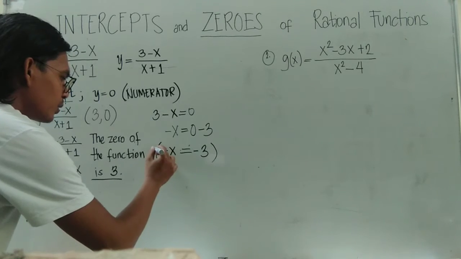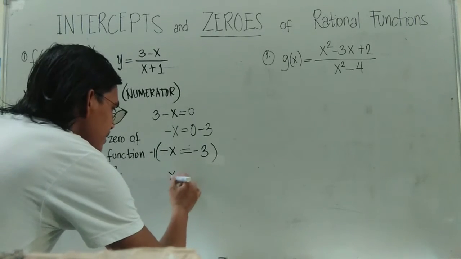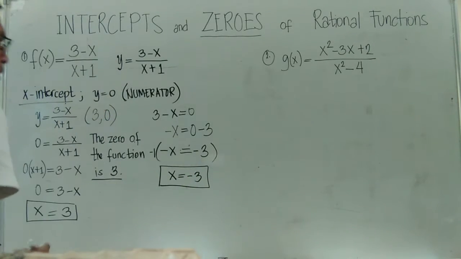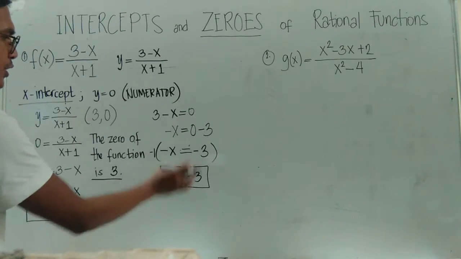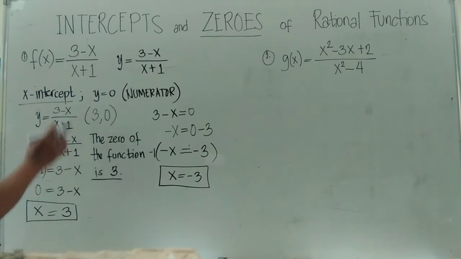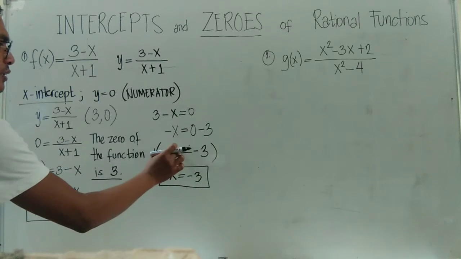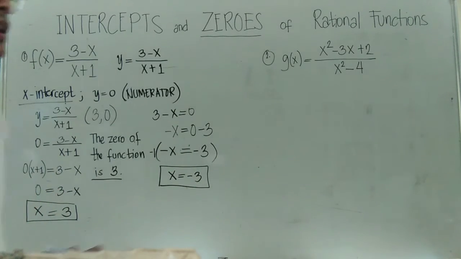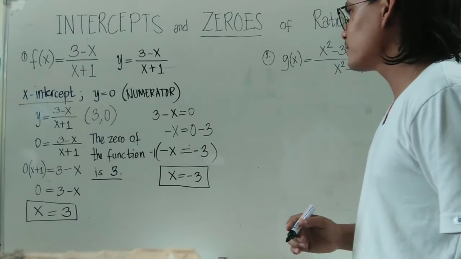And because of that, we will multiply negative 1 to your whole equation. So we have x equal to 3. Okay? So in case it will be comfortable for you to solve using your numerator, for me, it is the easiest and the shortest way to solve for your x-intercept of rational functions using your numerator. Okay?